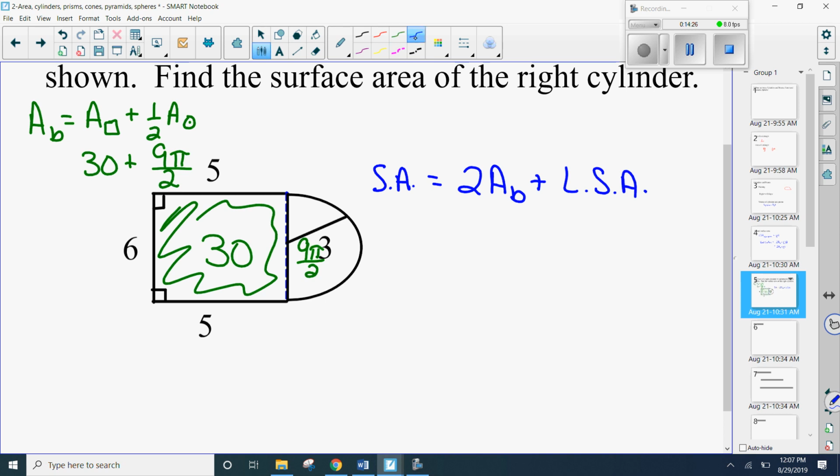So what I have to do is double the area of the base. The area of the base was 30 plus 9 pi over 2. I have to add to it lateral surface area.